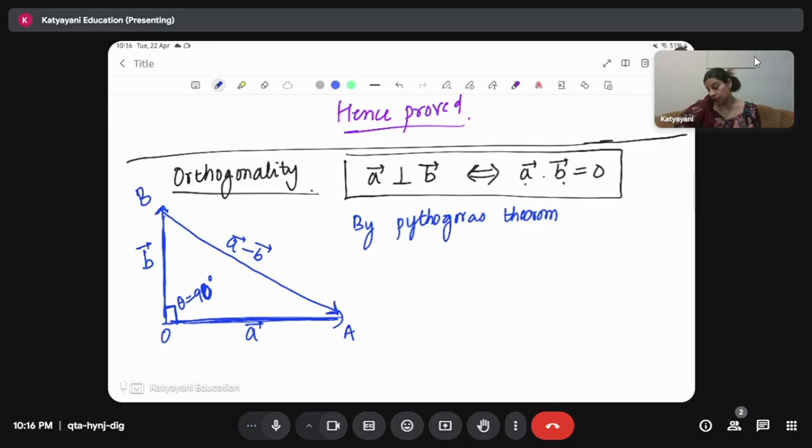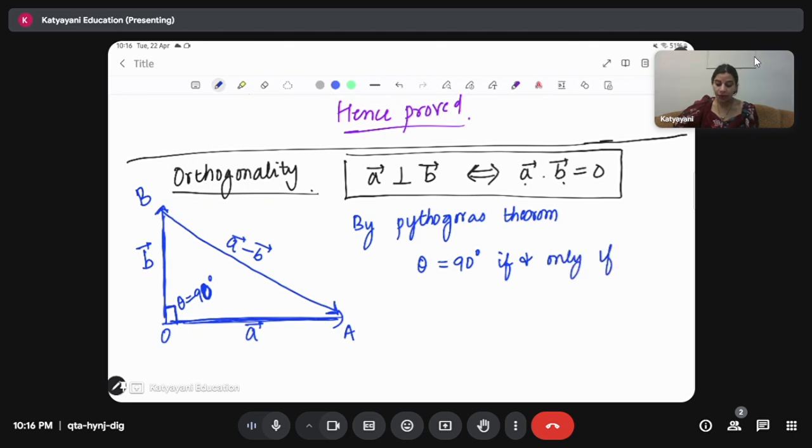So the Pythagoras theorem says that theta is 90 degree if and only if.